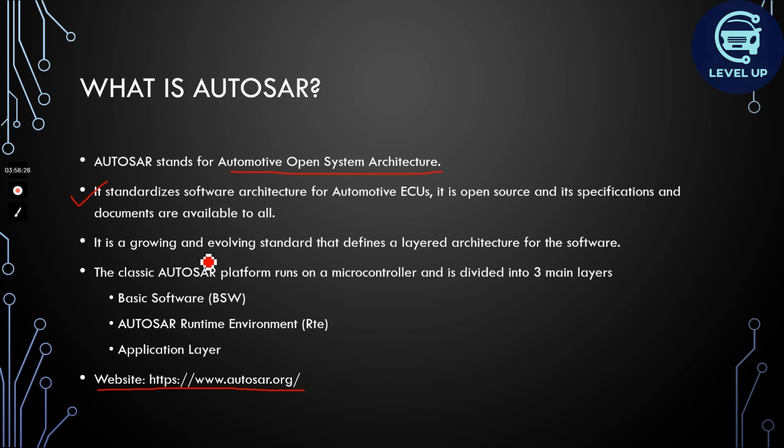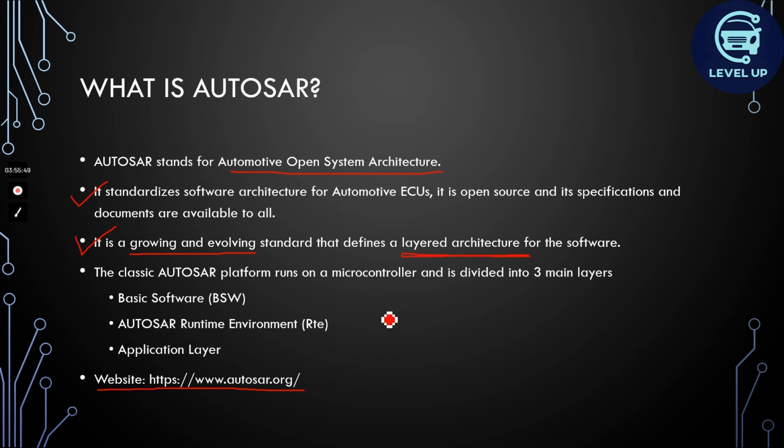Then it is a growing and evolving standard that defines a layered architecture for the software. In going forward lectures we will learn in what way it is a layered architecture. It is growing and evolving because so many companies have tied up with AUTOSAR and have evolved it in many parameters.